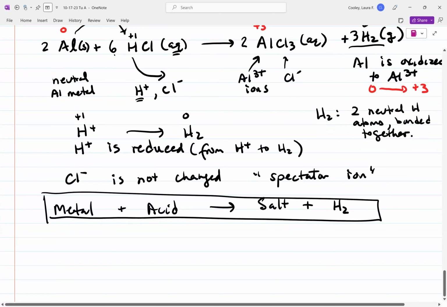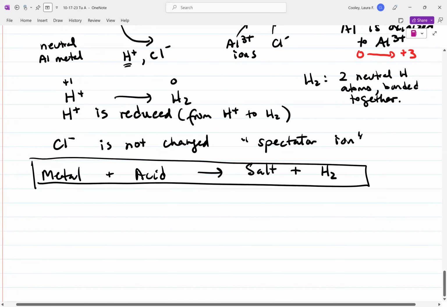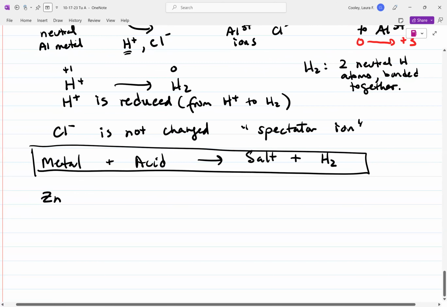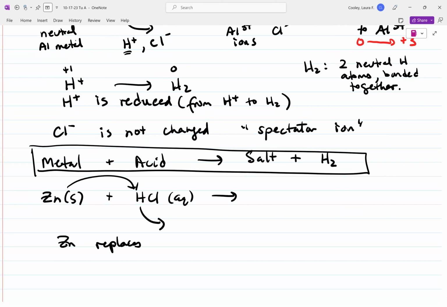And you'll see these in lab next week because you'll be doing chemical reactions. So here's another example. Zinc plus HCl. And so zinc replaces hydrogen. And it gives you zinc chloride and H2.